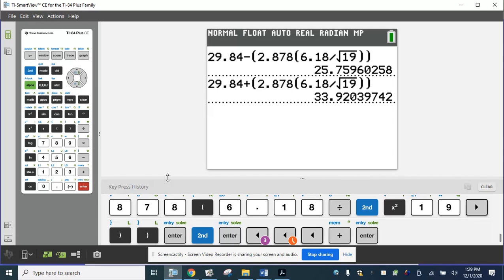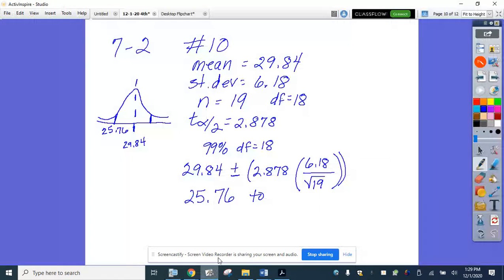Plus. And I get 33.92. So my curve up here is 33.92. So I know in between these two numbers, 99% of my numbers will show up between those two numbers.